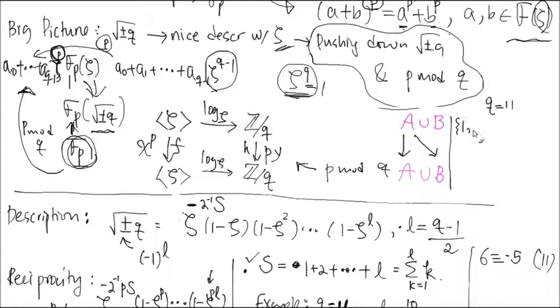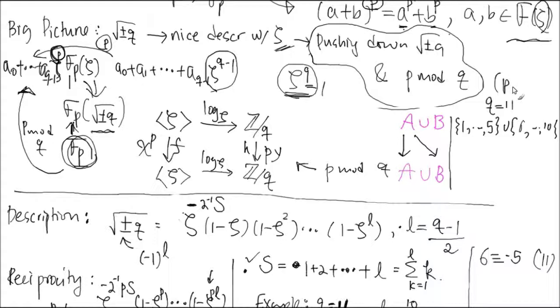A is 1 through 5, and B is 6 through 10. That's the division. What you're looking at in the square roots of plus minus Q is only 1 through 5. I chose an example so that I can actually do that.